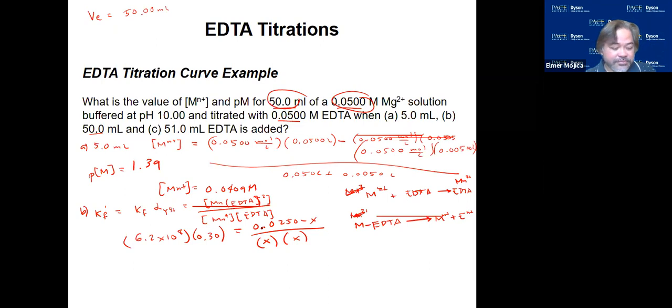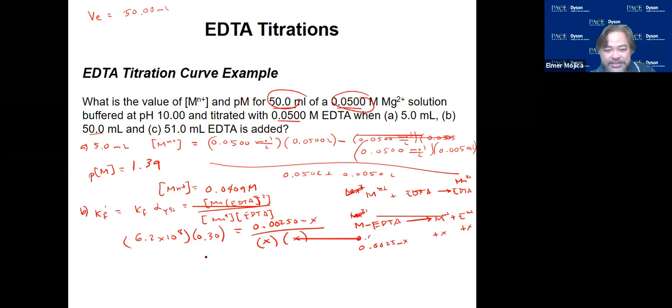So 50 ml divided by 1,000 times 0.05. Oh, should be 0.0 something here. So that's the concentration that formed there. So what happened? Some of them dissociate, some of them form here. That's why I end up with that one.